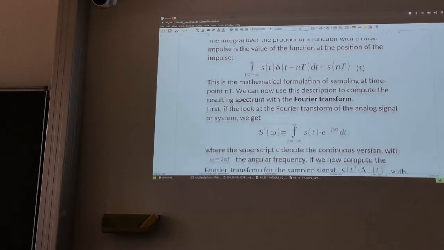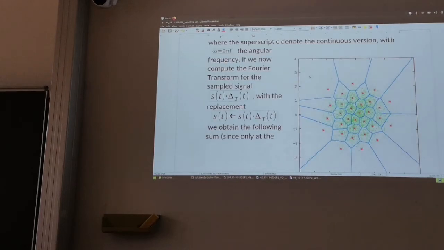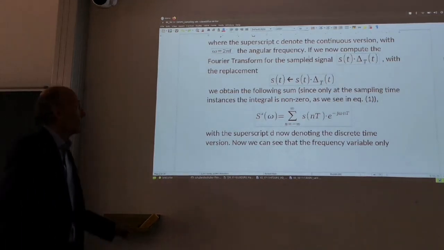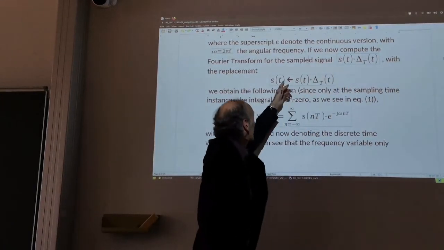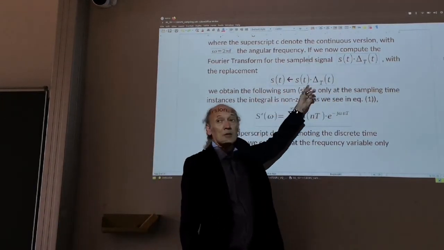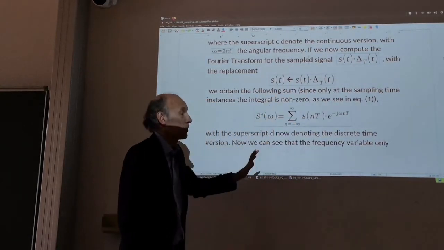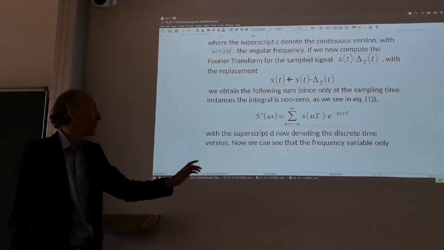So now we have a signal which only consists of a train of pulses. We replace our signal by the sampled signal, basically. It is still in continuous time in this way, but it is only non-zero at those sampling points.